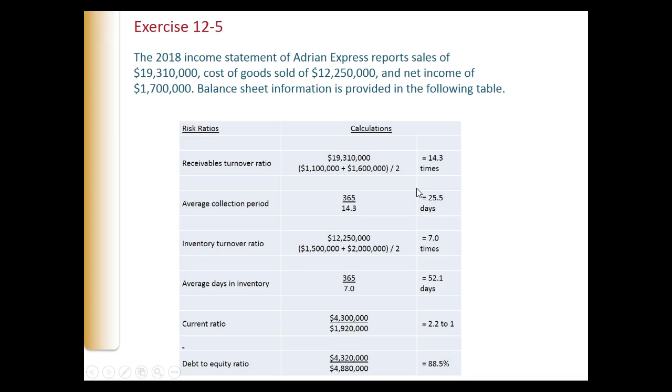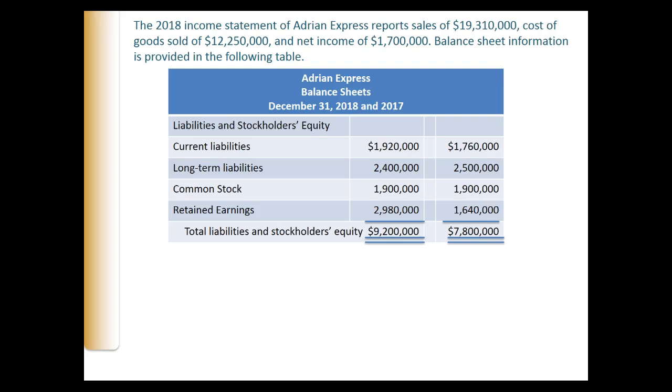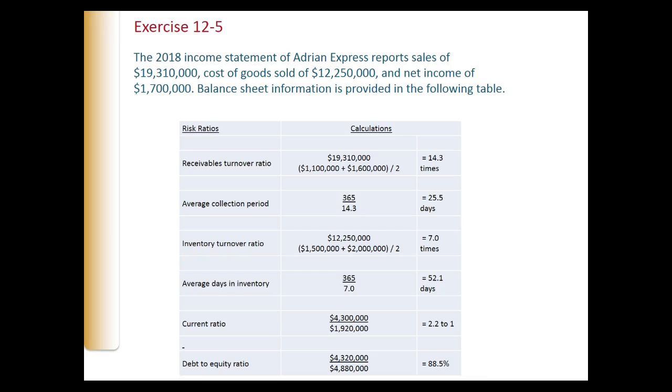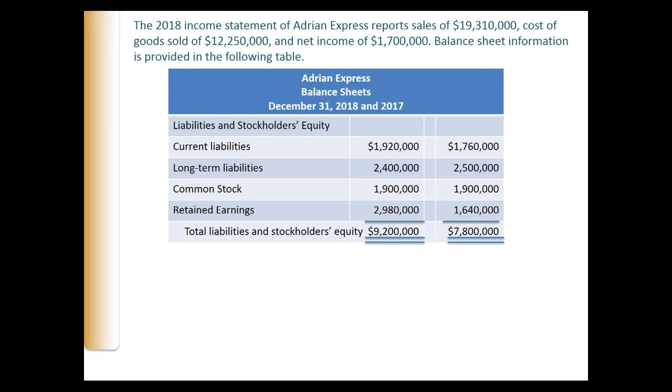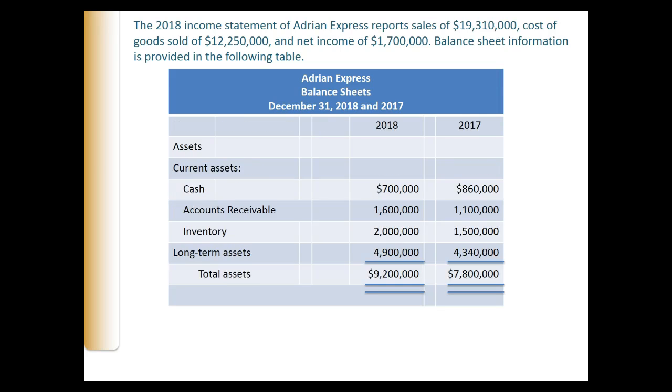The inventory turnover ratio is the $12,250,000, which is the cost of goods sold, divided by the $1,500,000 plus the $2 million, which is the ending inventory balances in your assets.